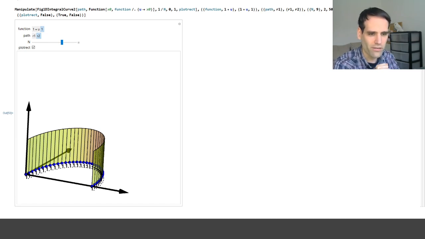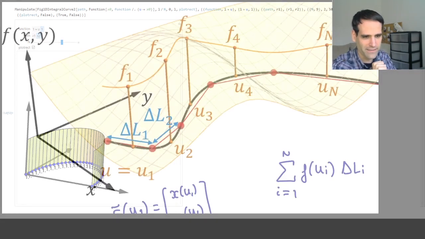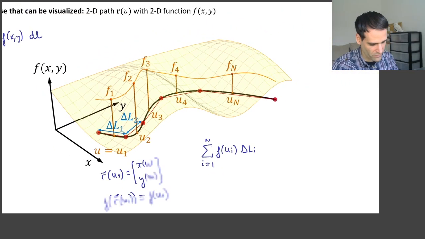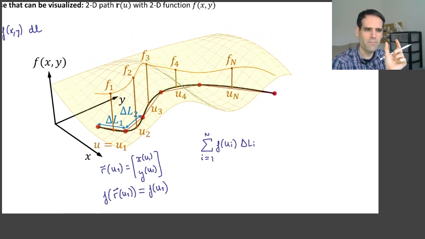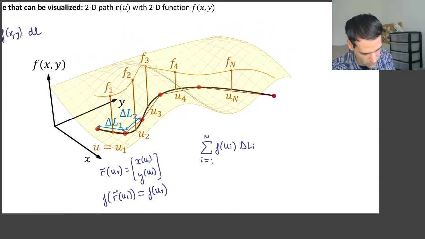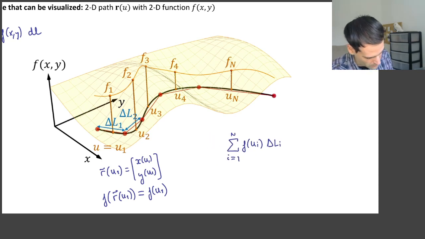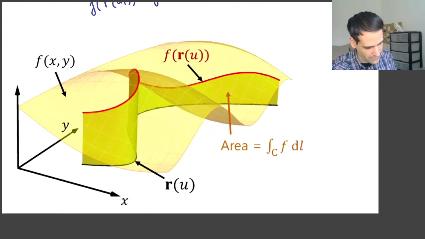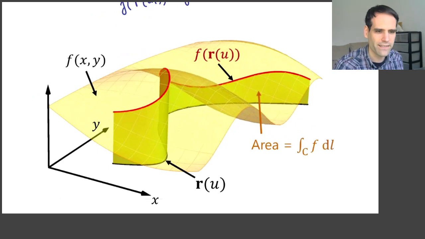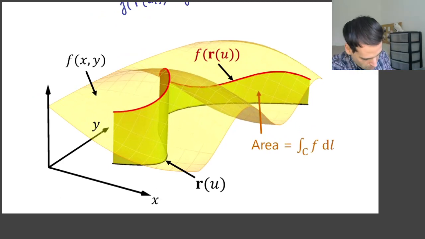Let me go back to our example. In the limit in which I do infinitely many segments, when the length of the segments goes to 0, I end up calculating this area here that I am highlighting in dark yellow. Remember, I'm multiplying each segment by the height of the function, and therefore I get the area of a rectangle.